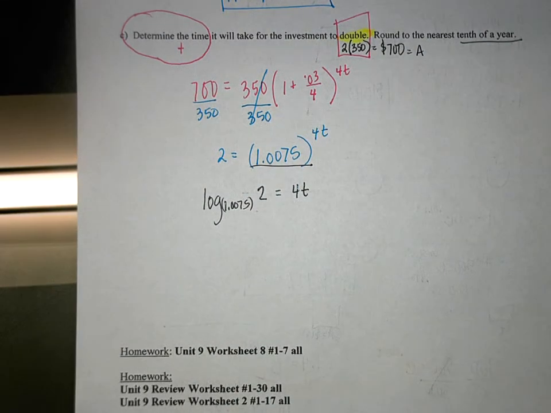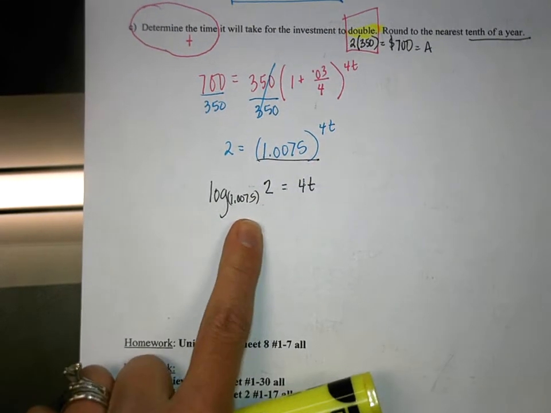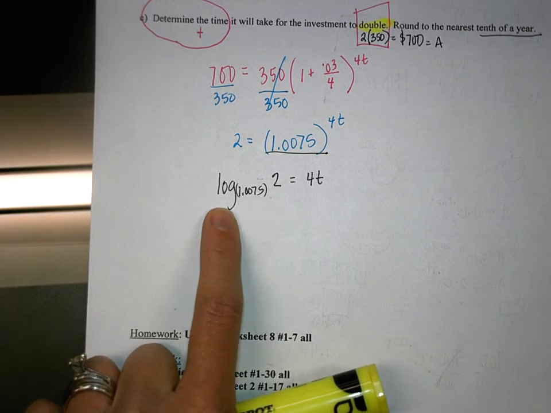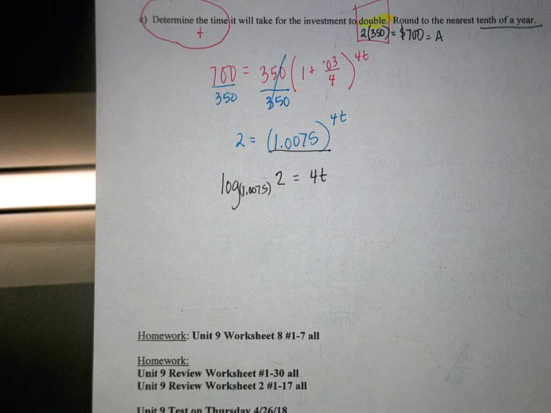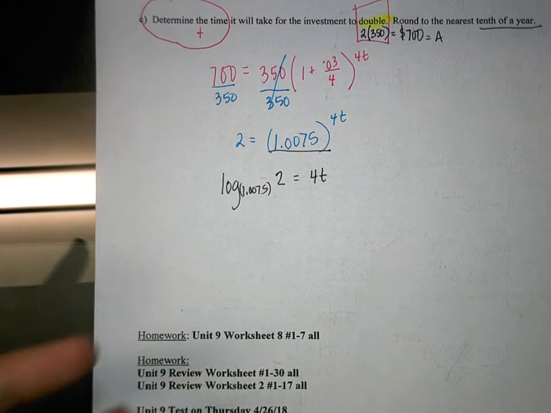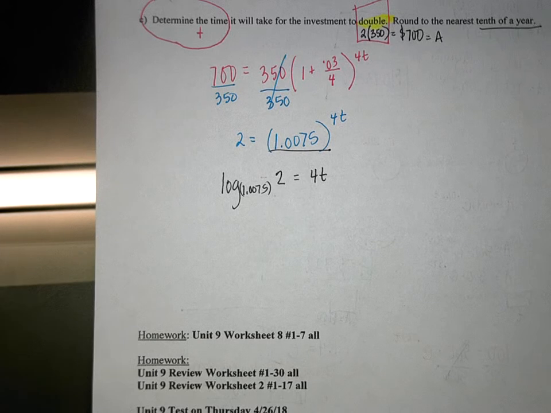How can I find this out? What do I have to do? Because on my calculator, it's always in log base 10, correct? This is not log base 10. How do I change it to be the correct base? This goes back to yesterday.